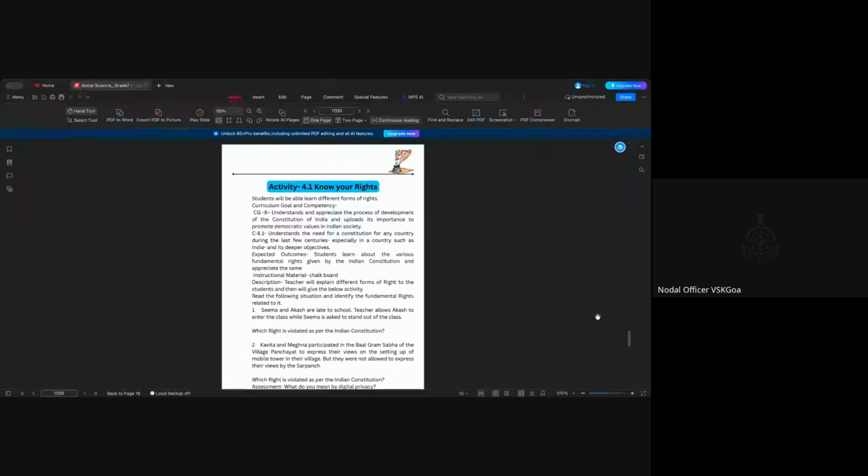Now, some additional information may also be provided by the teacher. You can give them assessment questions like, what do you mean by digital privacy? It is the right of individuals to control their personal information and online behavior, determining what data is collected, shared, and used by others.